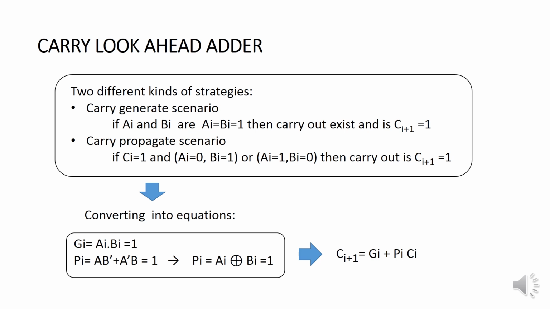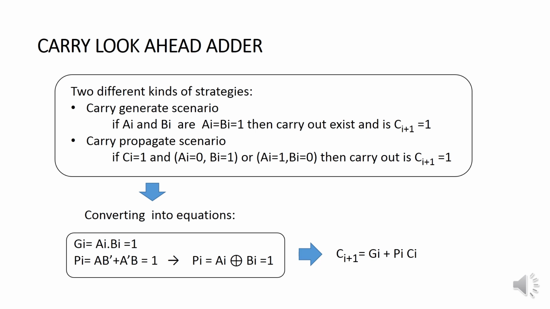Converting these scenarios into equations, we have the carry generate scenario is the function g equal to AB, and the carry propagate scenario is the function p equal to AB prime plus A prime B, which is the same as exclusive OR of A and B. So, g equal to 1 represents the condition when a carry is generated in one stage, independently of the previous stage.